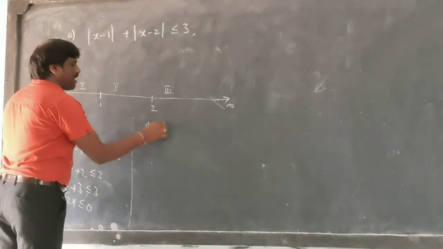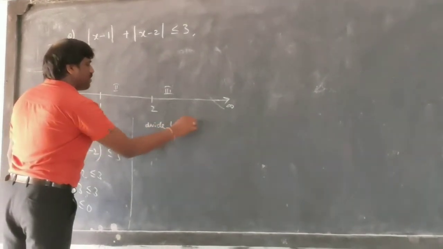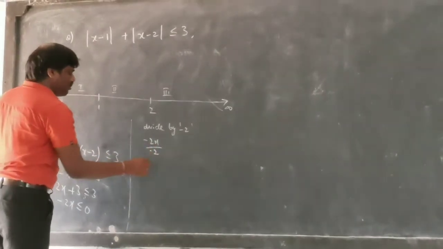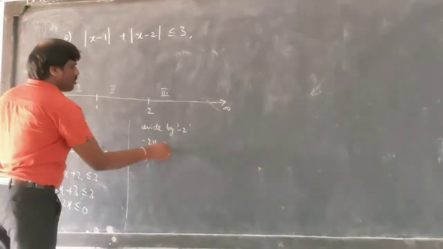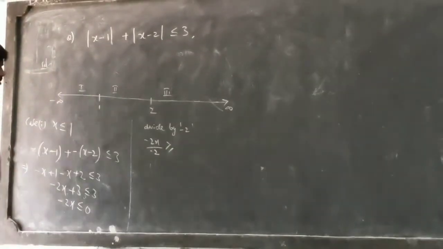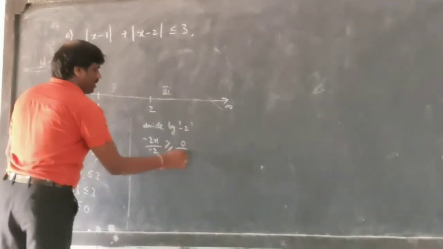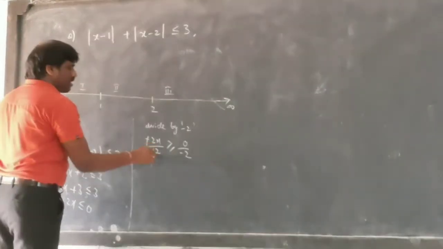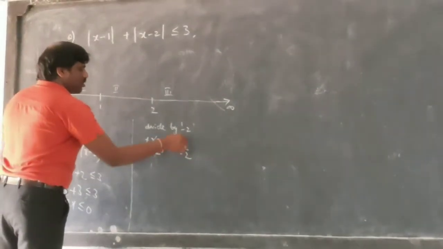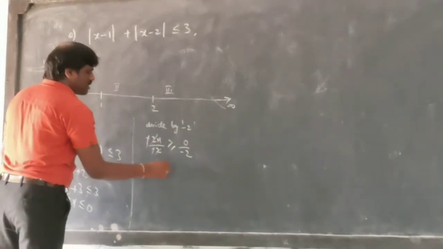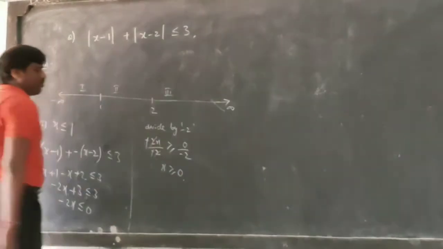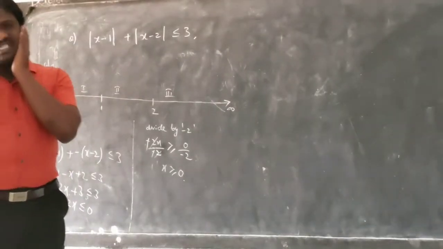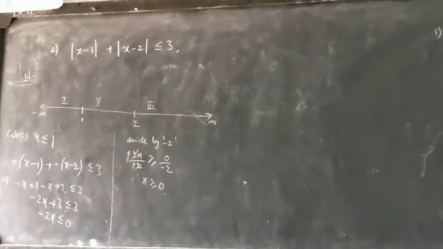Minus 2x by minus 2, and less than or equal to changes to greater than or equal to, and 0 by minus 2. So the 2 is cancelled out, and 0 by anything is 0. X is greater than or equal to 0. Are you understanding? So x greater than or equal to 0.